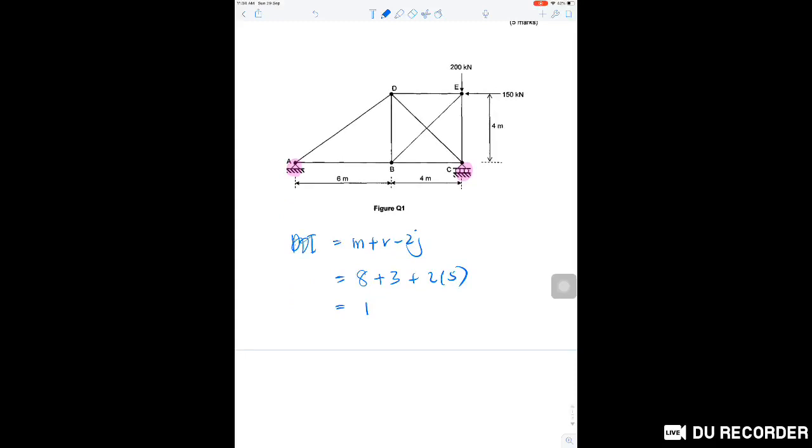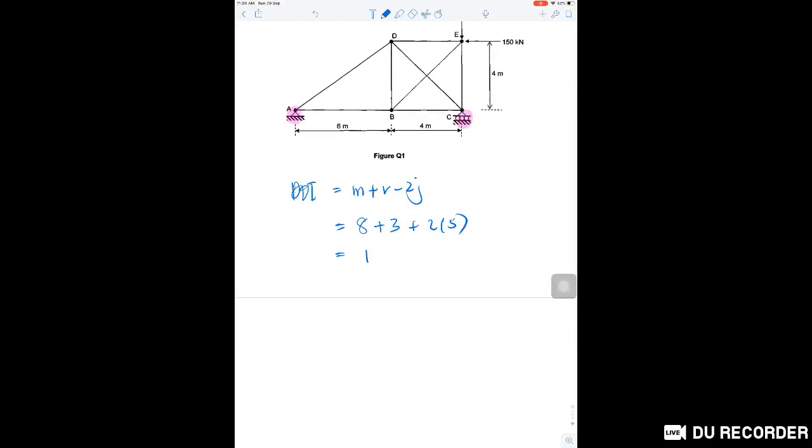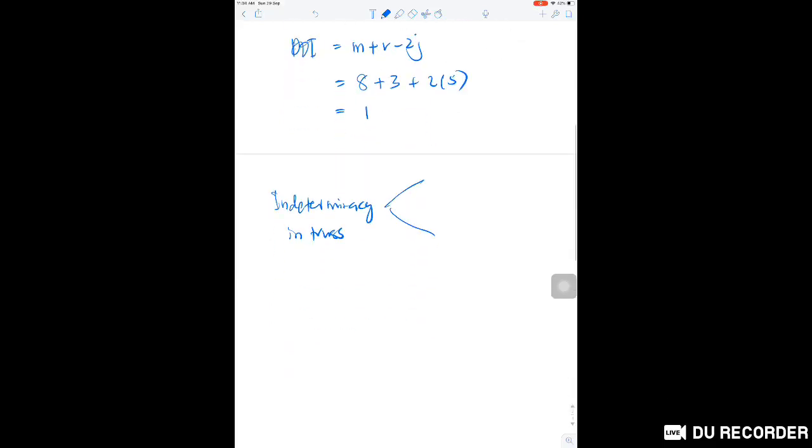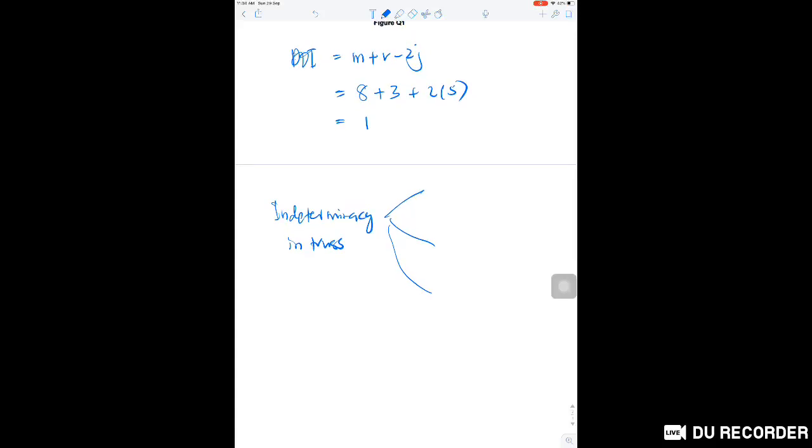Okay, as I mentioned in class, truss has 2 types of indeterminacy. Number 1, it can be externally indeterminate.